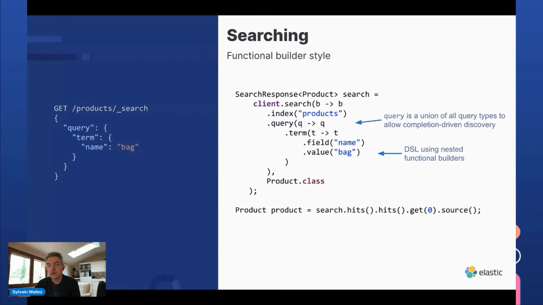So we allow completion-driven discovery. There are more than 50 different query types in Elasticsearch, and I think more than 60 different aggregation types. You cannot memorize all of them. So the IDE is here to help, and you just hit dot and let the IDE tell you what comes next.